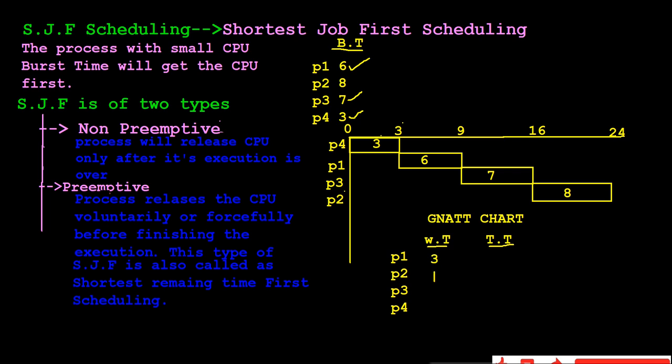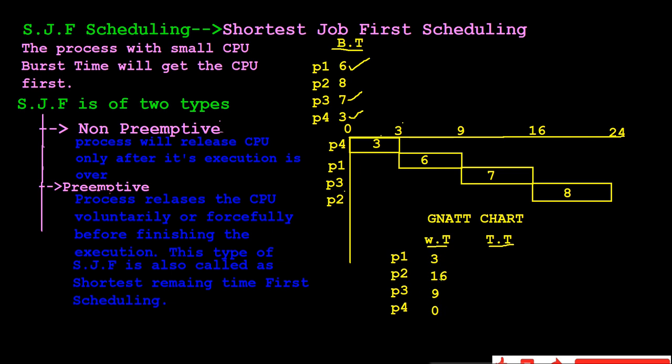Coming to P2, it is starting at the 16th second. And coming to P3, it is starting the execution at the 9th second. And coming to P4, it is starting at the 0th second only.